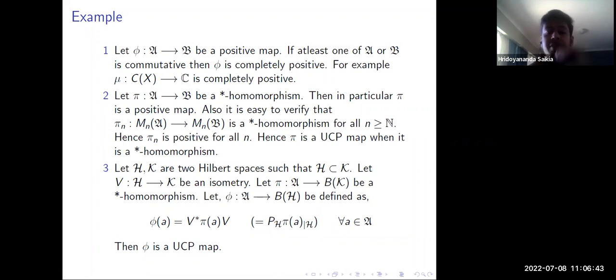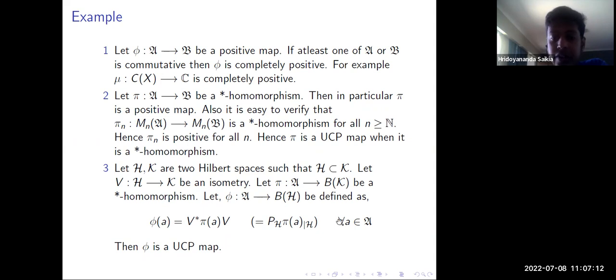Suppose pi is a star homomorphism. Then I'm defining a new map from A to B of H, and I name it small p. I want to define it as the compression of the map pi by the isometry V. I will discuss the notion. For example, pi is a map from A to B of K. K is a Hilbert space.